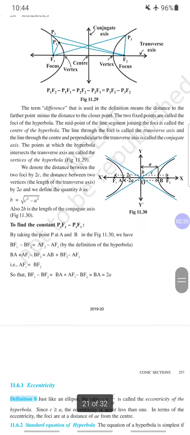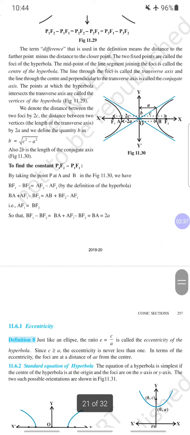So let's come to the next diagram. Now look at this diagram. The points here are A, B, O, F1 and F2. From the center O, the distance OB is a. Likewise, OA will also be a.